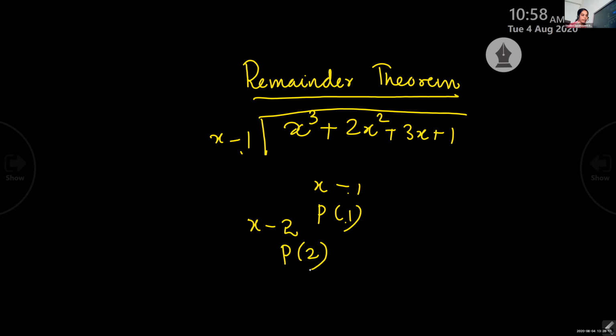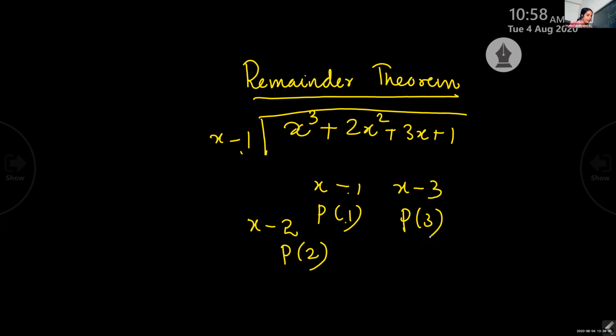Now, can you find out the relation between this minus 2 and 2? If you are dividing with x minus 3, the remainder will be p of 3. Now, can you find out? Sign change.